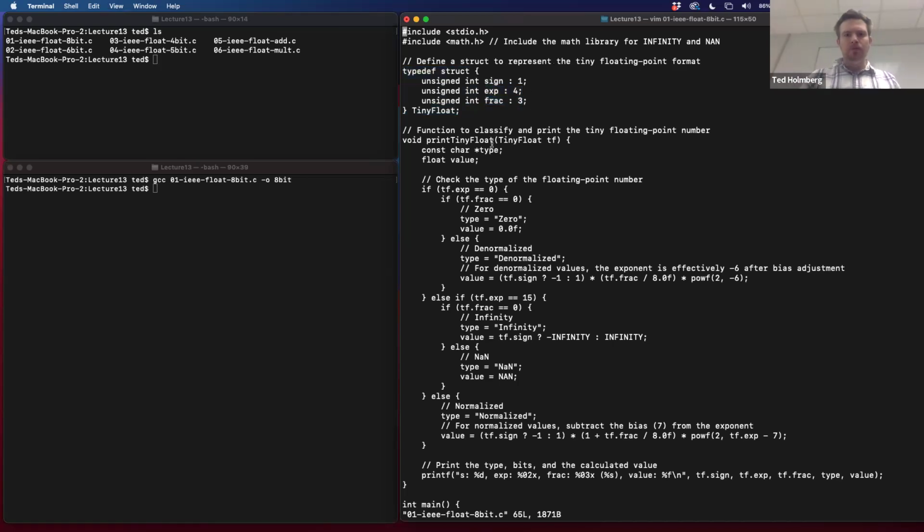Okay, so with that said, I'm going to create a helper function that's going to go ahead and print the state of my tiny float in terms of its binary vector, which is each of its partitions, what is the value of each of its partitions. And then I'm also going to define whether that sequence represents a special case, a denormalized case, or a normalized case.